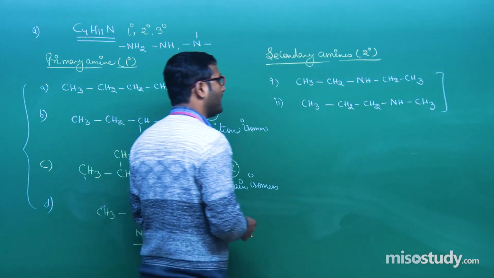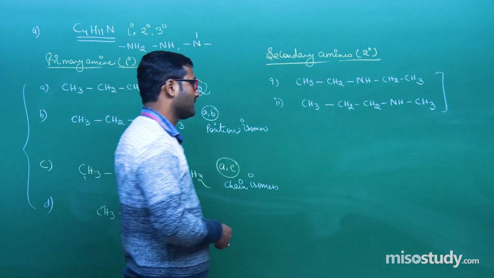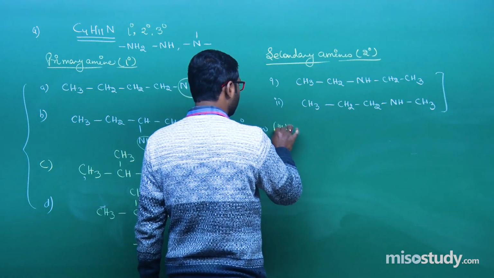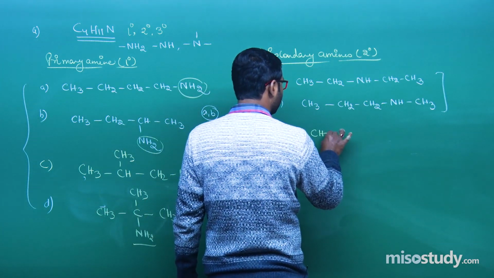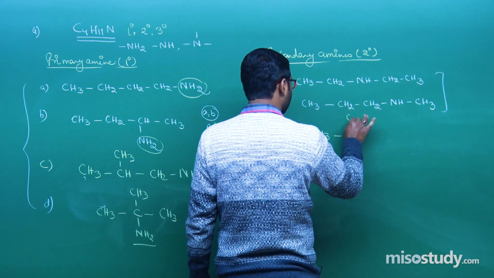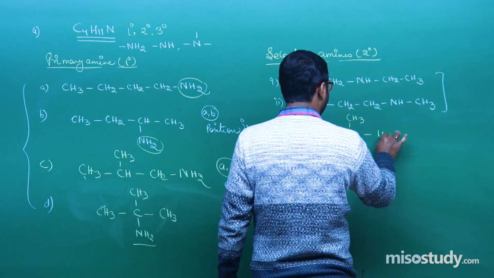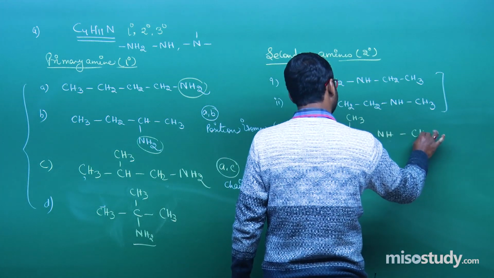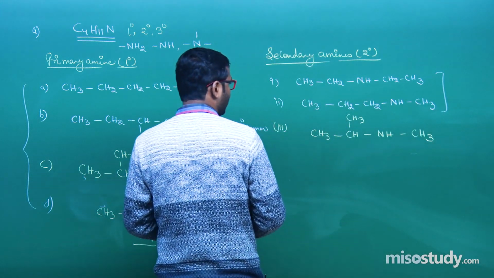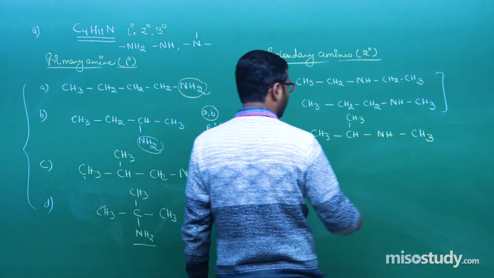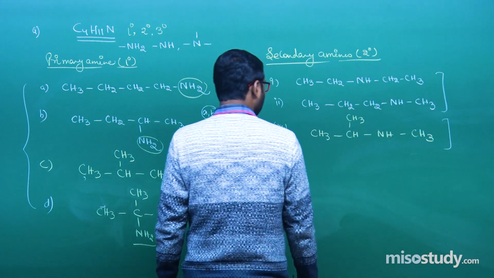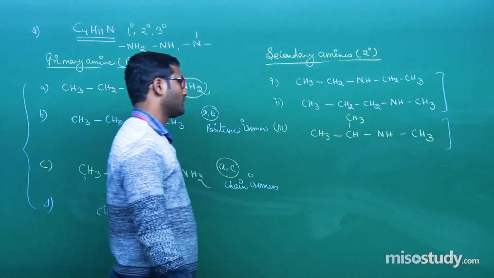These two are metamers to each other. Yes. Now the third one, we can write CH3, CH, CH3, NH, CH3. Can we write like this? Yes, definitely. This is also a metamer. This one and this one are metamers to each other.